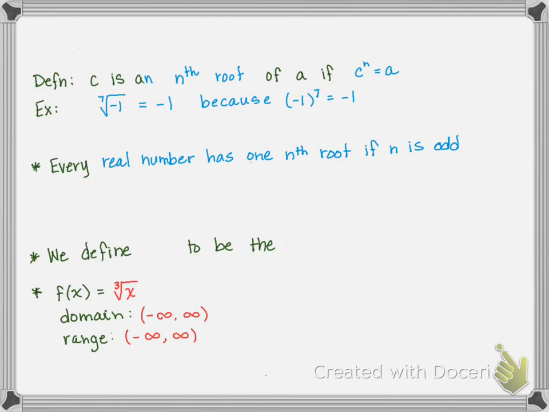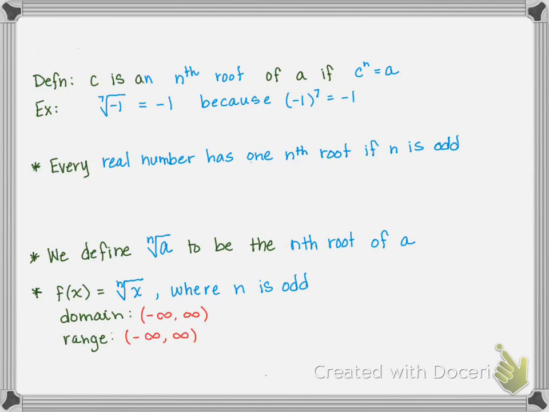So we define the nth root of A to be the nth root of A. And if we write a function, f of x equals the nth root of x, where n is odd this time, then the domain and range are just the same as what they were with the cube root. All real numbers for both.